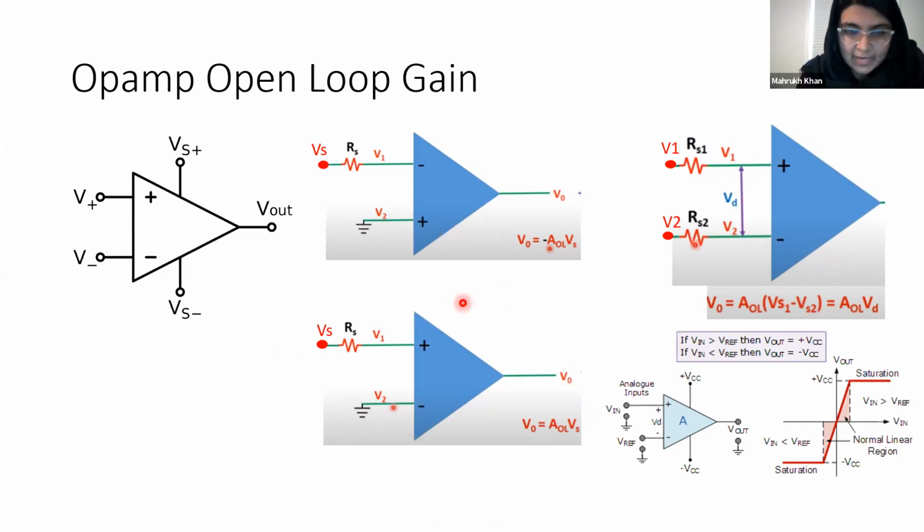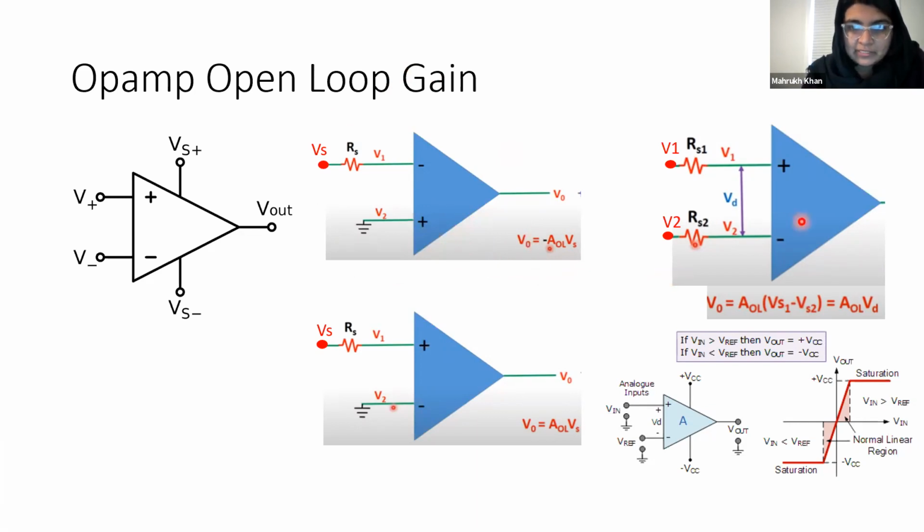But right now, what I'm trying to say is when the op-amp works in open loop condition, there is AOL, which is the open loop gain. Open loop gain is very, very high for op-amps. Most op-amps have open loop gains in the 80s and so on. So when the op-amp is in open loop configuration, it will go into saturation, okay?